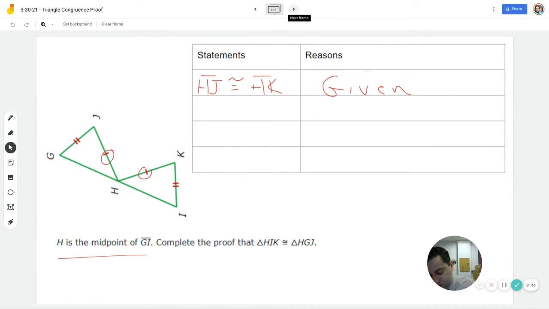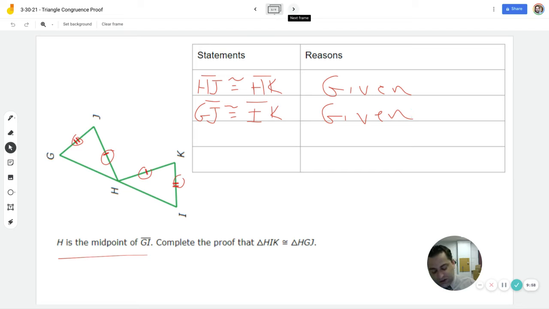Then I have 2 and 2. So GJ is equal to IK. So GJ is congruent to IK. And that's also given.